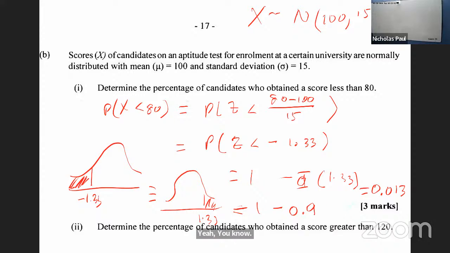Wait, no. What is the value from the table for 1.33? 0.9087.